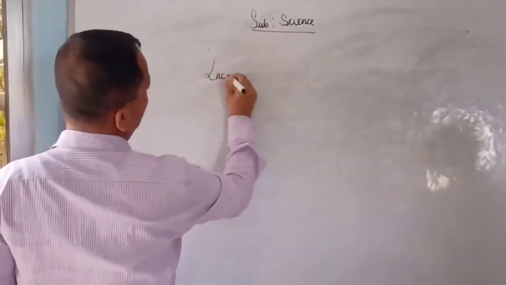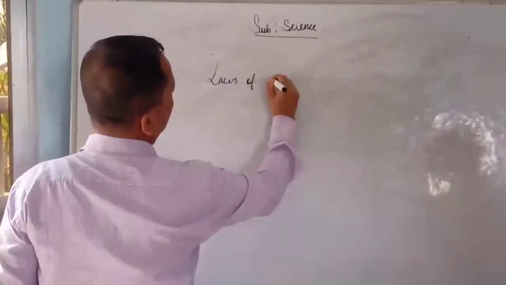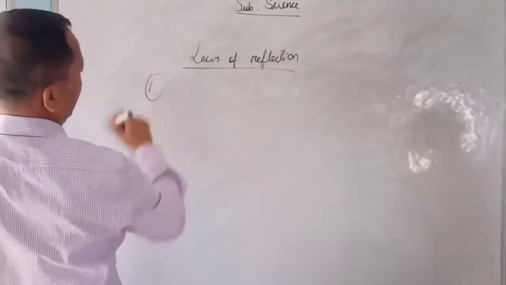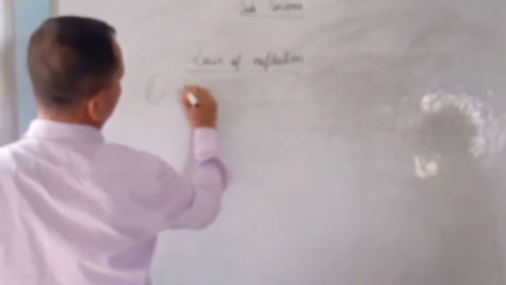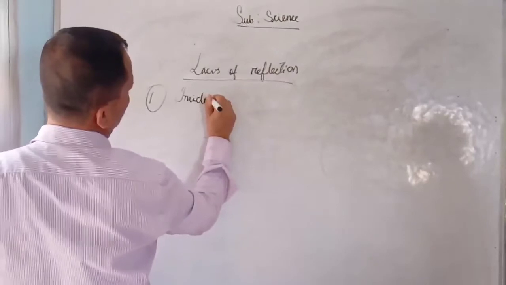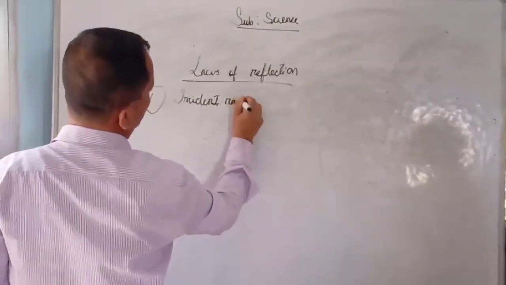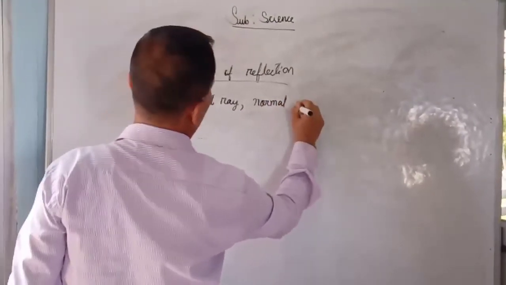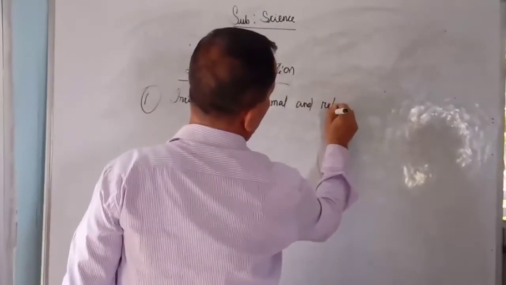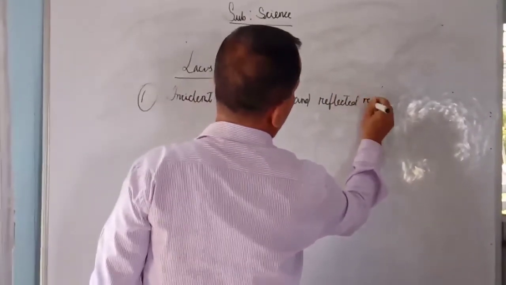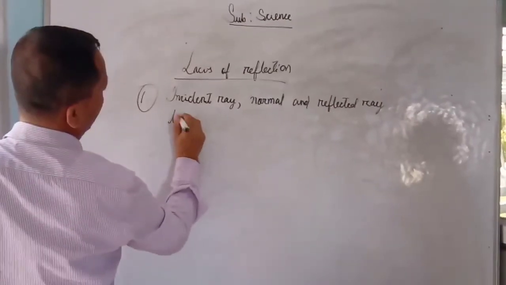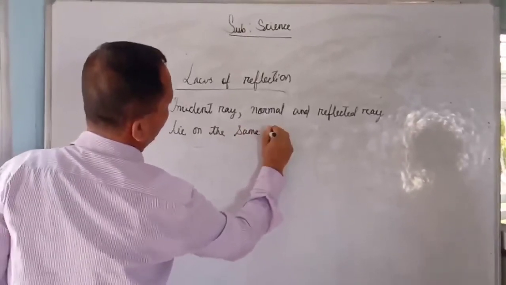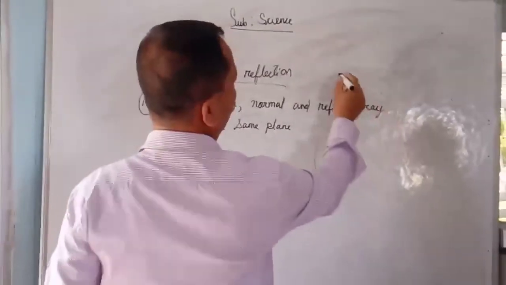According to the laws of reflection, the first law states that the incident ray, the normal, and the reflected ray lie on the same plane. Now I'll show with the diagram.